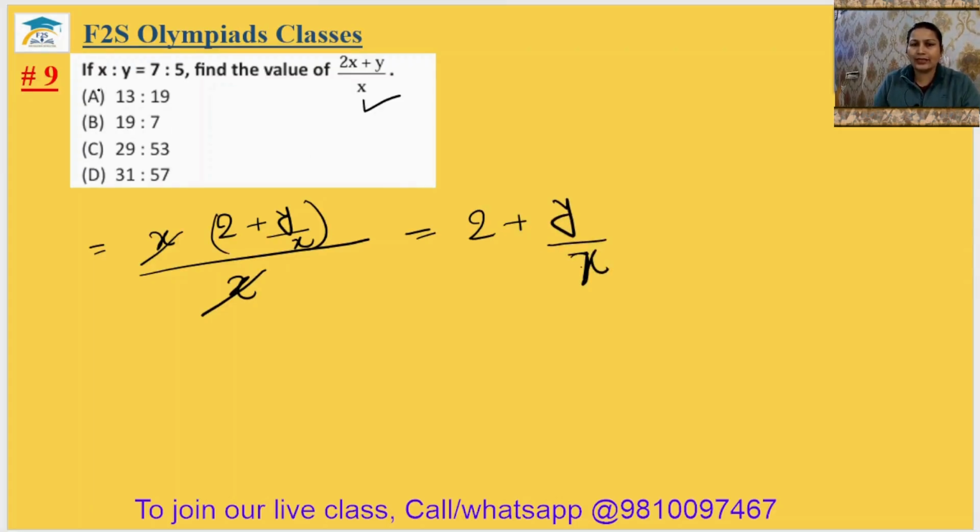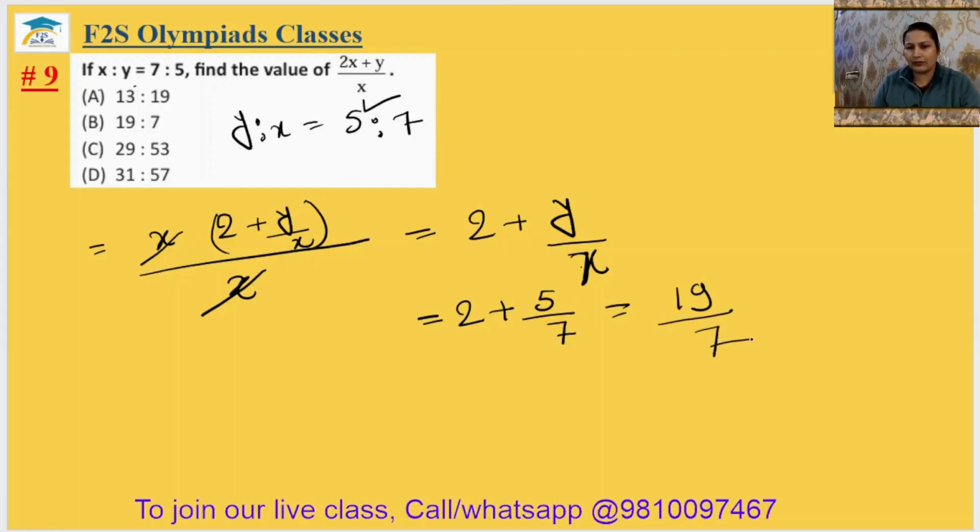We know that x is to y is 7 by 5. So y is to x is 5 is to 7. So we can just write it as 2 plus 5 by 7. 7 2s are 14 plus 5, 19 by 7. It is in option number B. So the ninth answer will be option B.